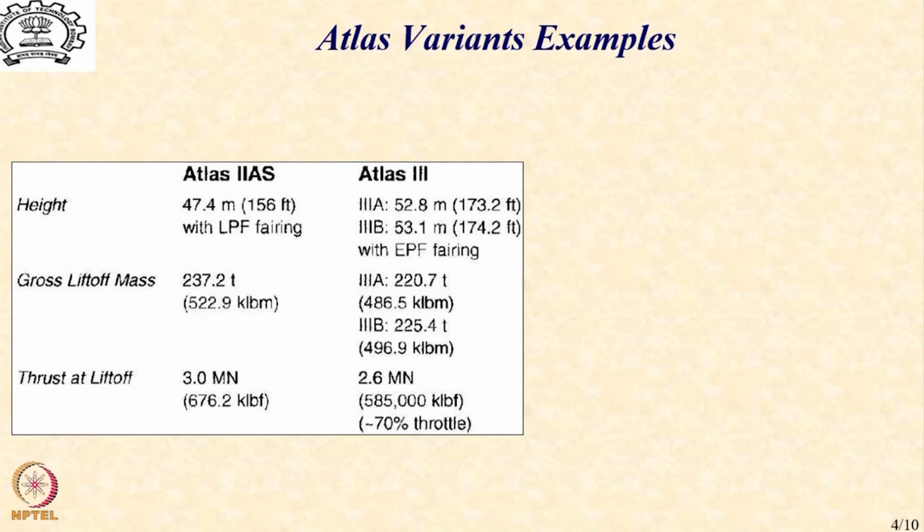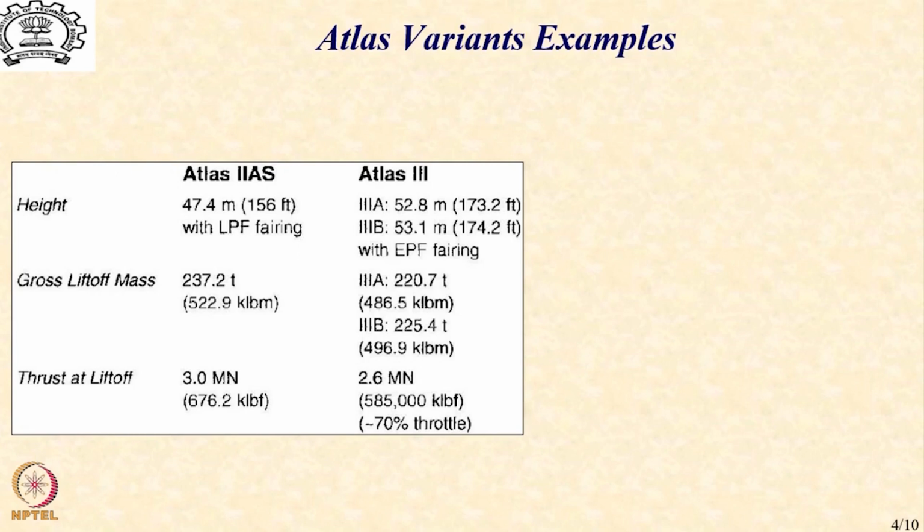The implication of this table is that both of them are called Atlas, but within the context of the same so-called family of rocket, there are marginal differences in their configuration, and it is expected that they will perform different functions.